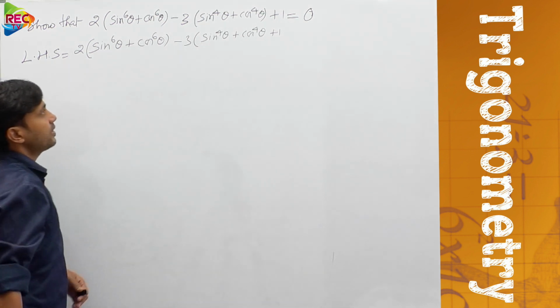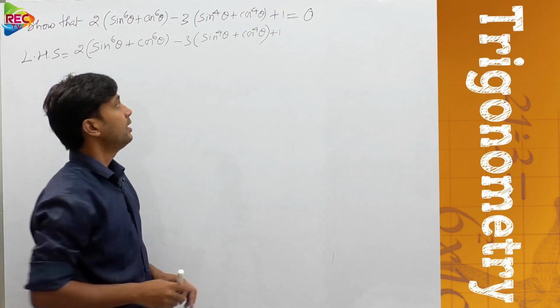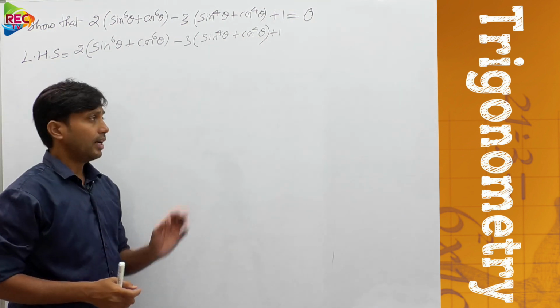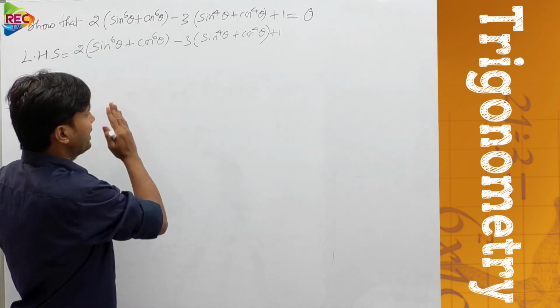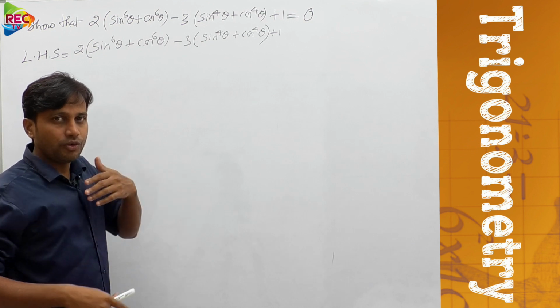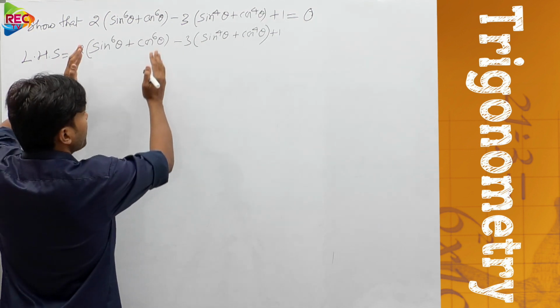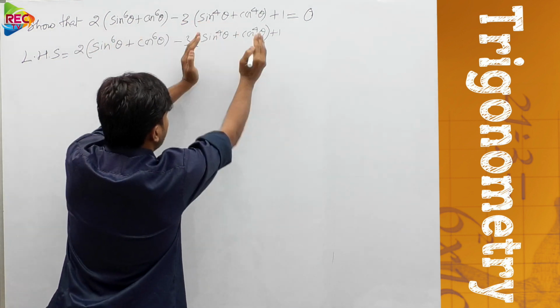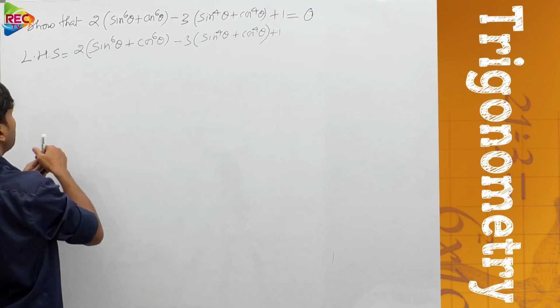Okay, this is the LHS given. Now, in order to solve this, don't look at the entire expression at a time. You feel that it's difficult, but if you focus on individual brackets it will be so easy. Now focus on this bracket first.